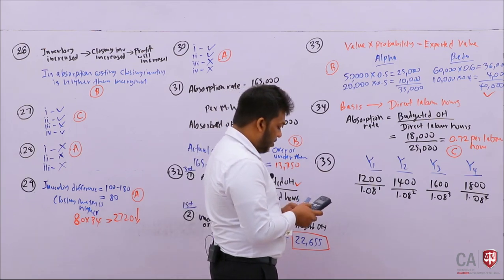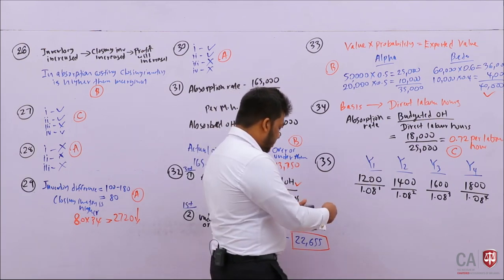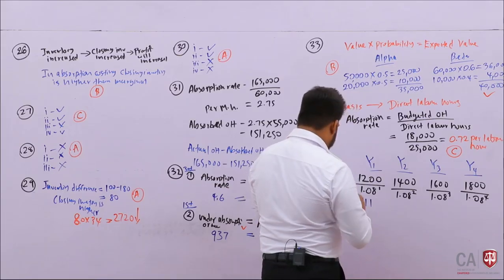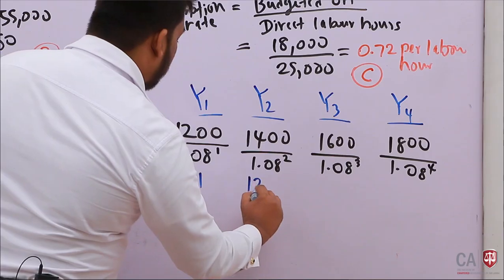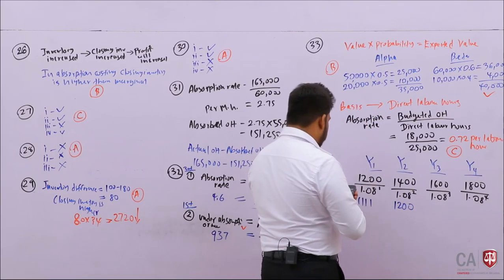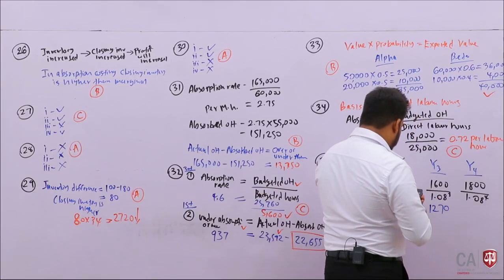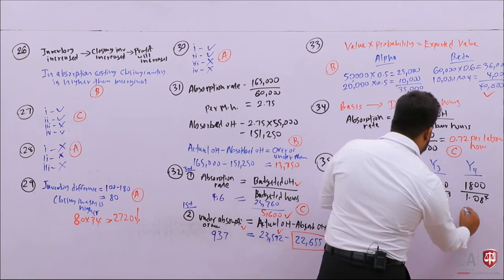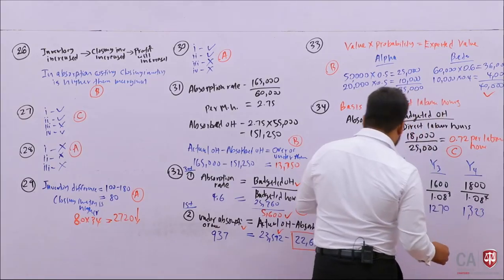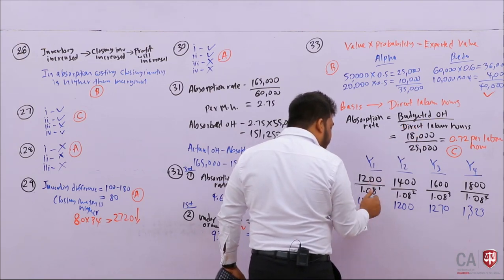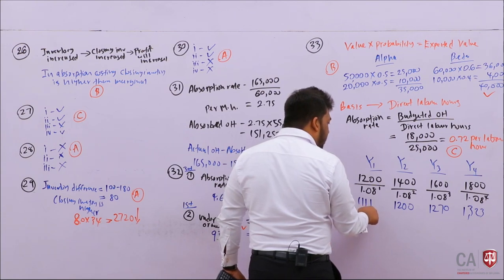1200 divided by 1.08 to the power 1 is 1111. Then 1400 over 1.08 squared is 1200. Then power 3, 1270. 1800 over 1.08 to the power 4 is 1323. So what is actually this? What you will be receiving in year 1 has a current value of 1111.